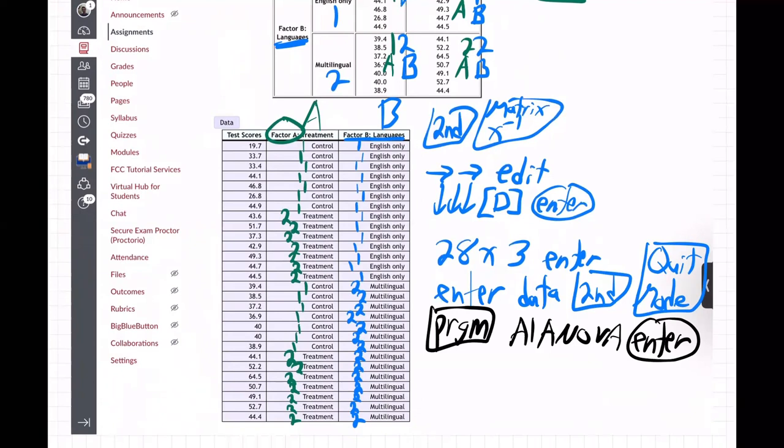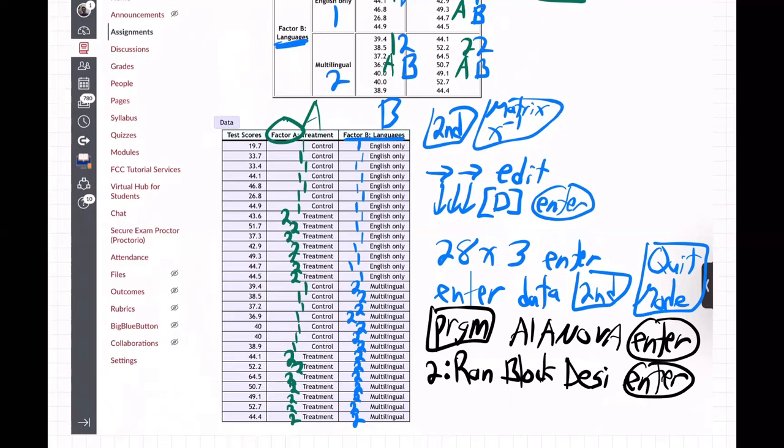You've got to hit enter a couple of times, and then it'll give you options. You want to choose 2, which is random block design, which is what we're doing. Random block design, and hit enter.